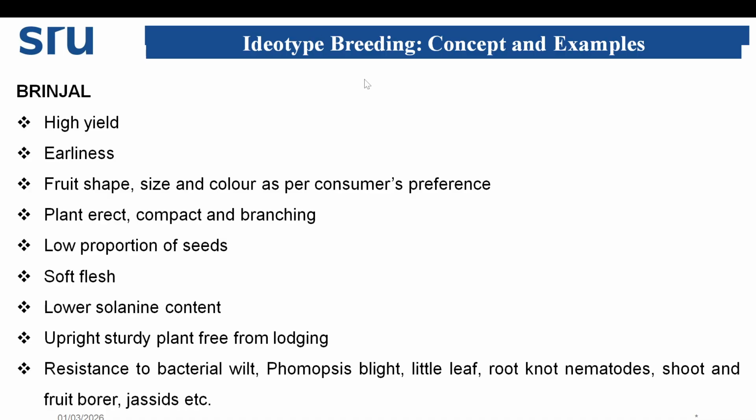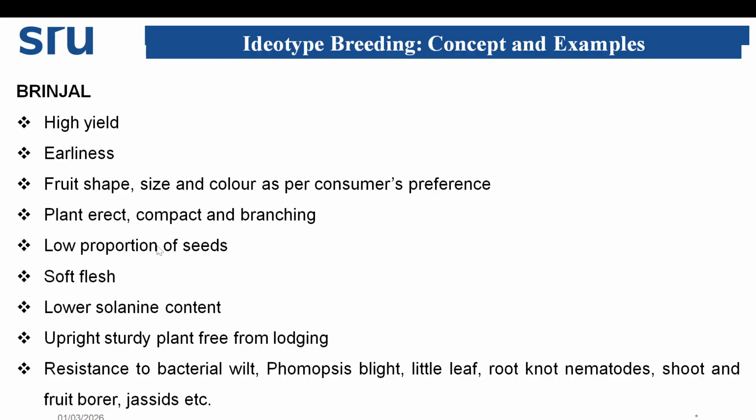Now we will see the ideotype features for brinjal. So first, high yield. Next, earliness. Then fruit shape, size and color as per the consumer's preference. Then plant type erect, compact and with sufficient branching.